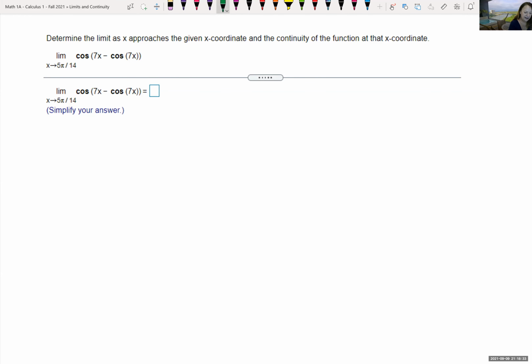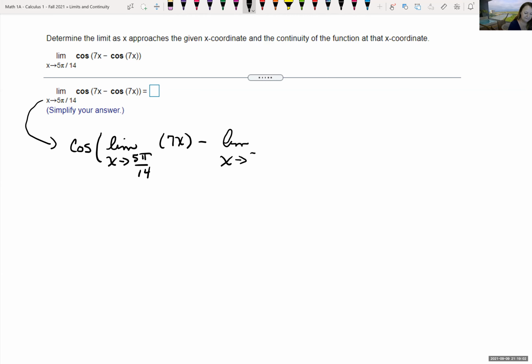And so I can use my rules of limits to bring this limit inside. And so we can say, well, this thing here is the same as saying cosine of the limit as x approaches 5 pi over 14 of 7x minus, and let's look at the limit as x approaches 5 pi over 14 of cosine of 7x.